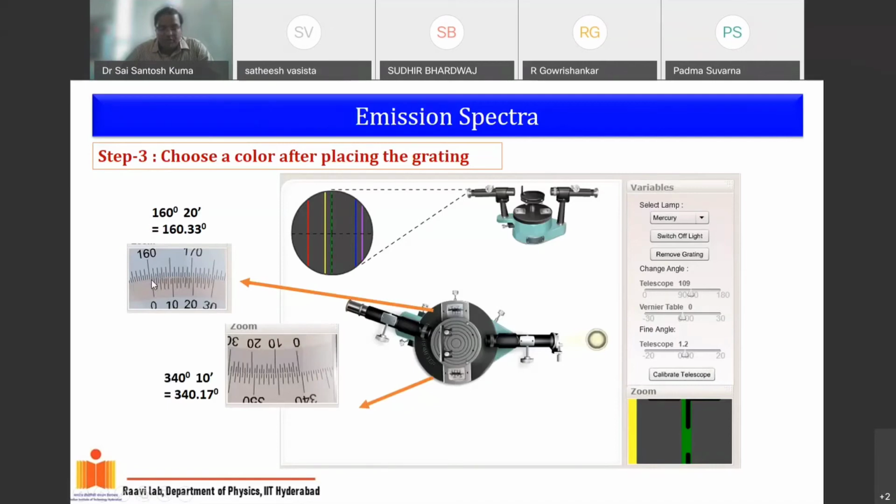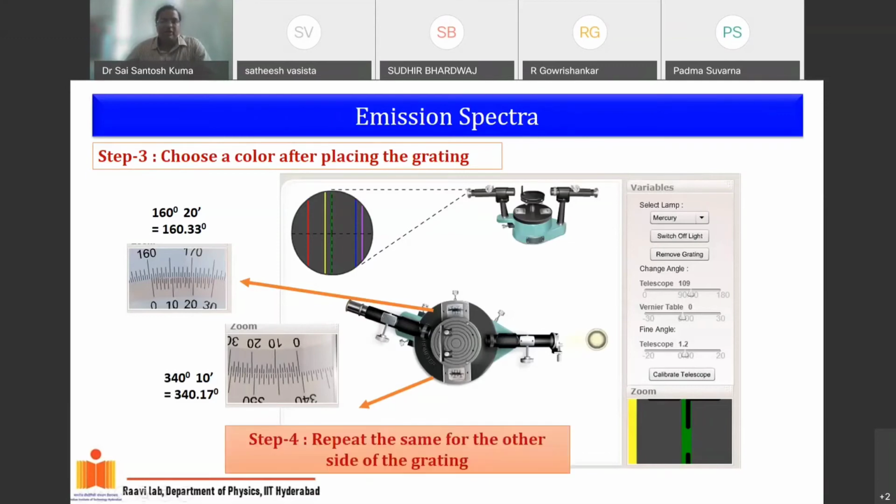So the vernier's 30 divisions divide the 0.5 degrees, and so the least count of this vernier for the circular scale is 1 minute. Okay, so using that one can do the experiment further and look at the different angles. You do this and you move it here and you can get the other. Okay, step 4 is to repeat the same for the other side of the grating.